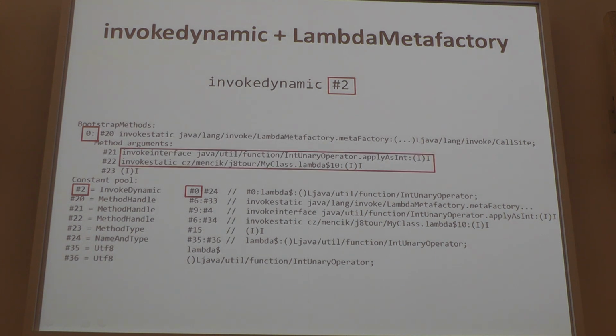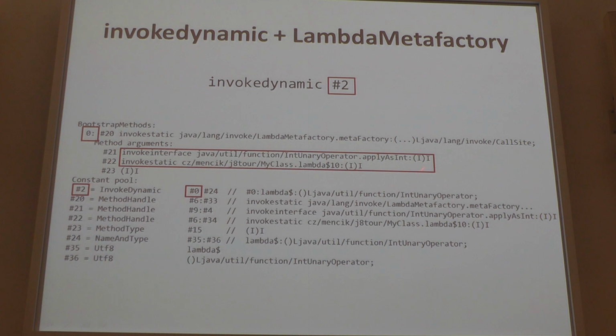And here we continue. The bootstrap method gets these arguments, and those are basically the references to those two parameters: the SAM method, that's the method in the functional interface I used. You see here is the UnaryOperator applyAsInt.